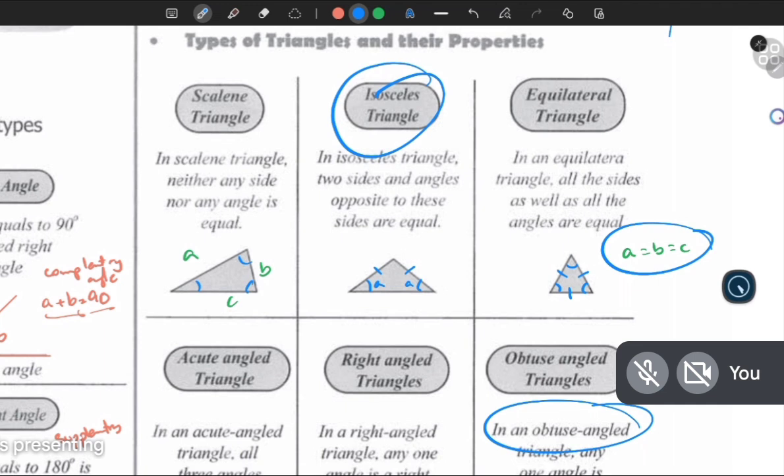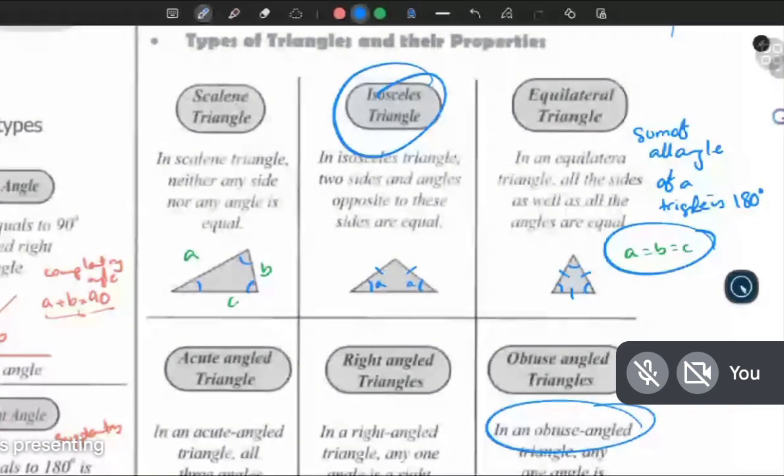Now, when we're talking about triangles, the sum of all angles of a triangle is always 180 degrees, right? So this will always be 180, right?